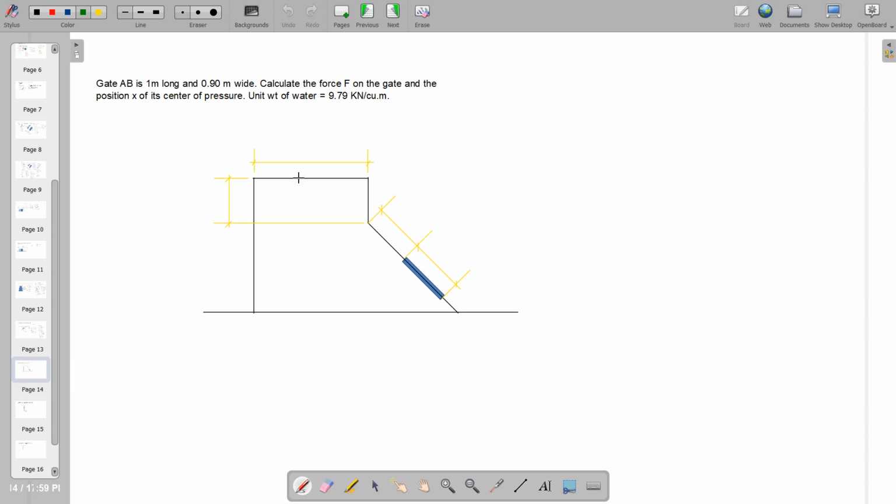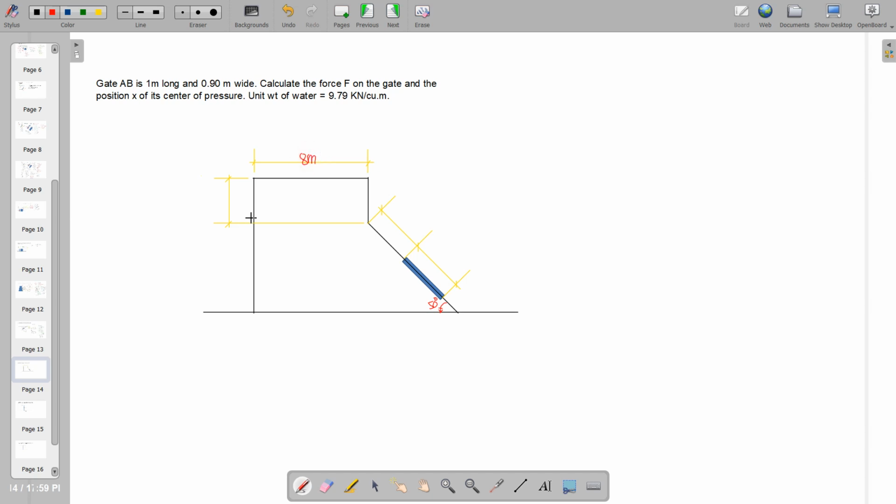So moving on to the next problem, we have gate AB that is 1 meter long and 0.9 meter wide. Calculate the force F on the gate and the position x of its center of pressure. So take note here that we have an angle and dimensions.